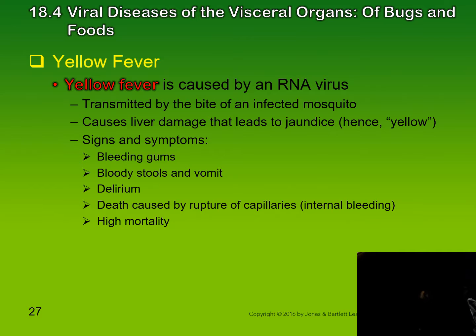So a lot of people die from yellow fever. Now there are some vaccines available and are only given to people who are going to areas where yellow fever is endemic. If you're not in one of those high risk groups, you probably will never get the vaccine.